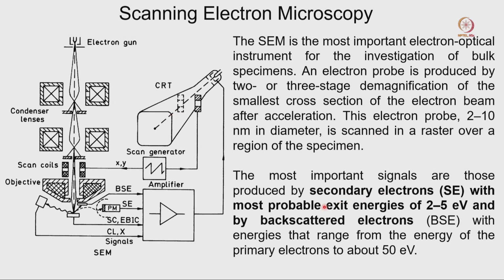Here it is written that the secondary electron has a most probable exit energy of 2.5 electron volt. So, there are two electron sources, the secondary electron and the backscattered electron, which help give us the image from the scanning electron microscope.